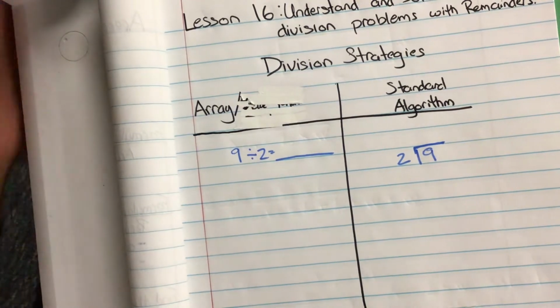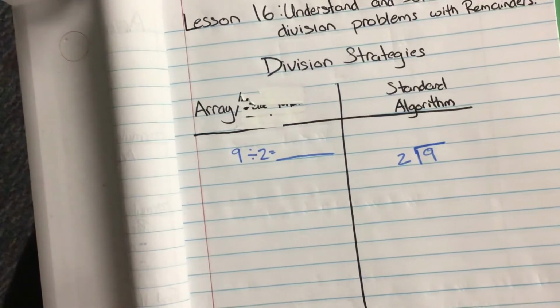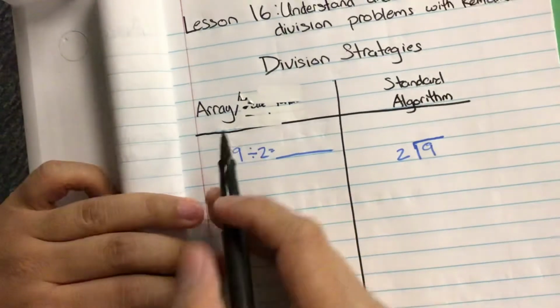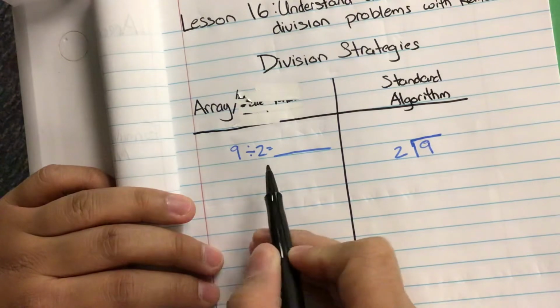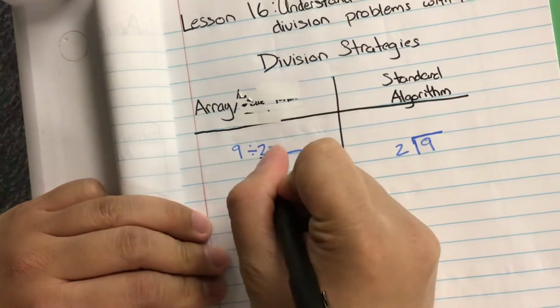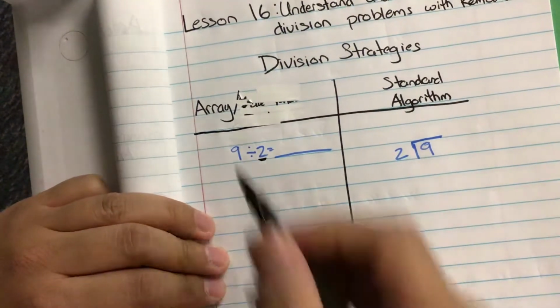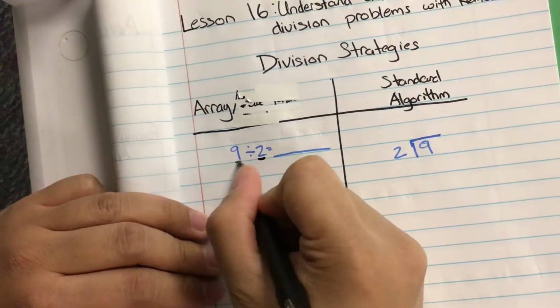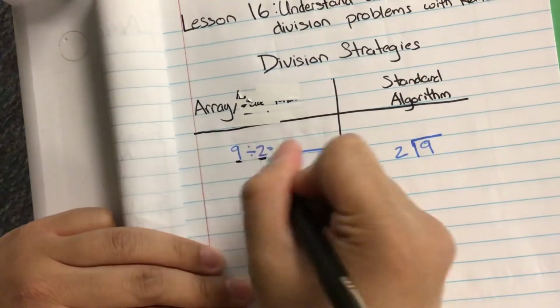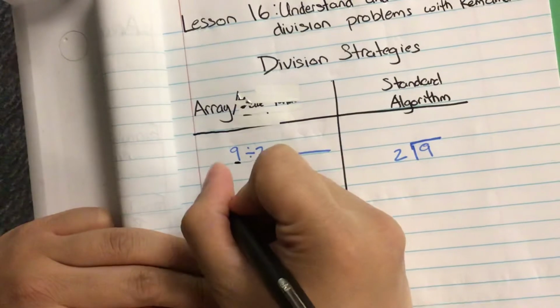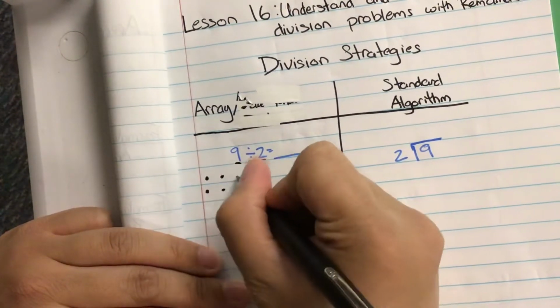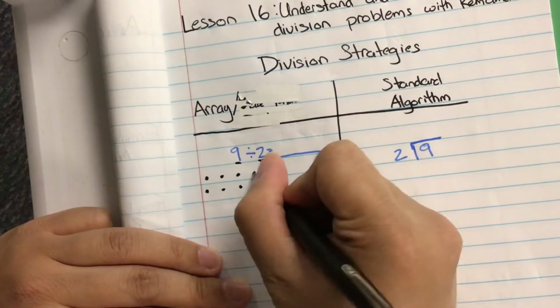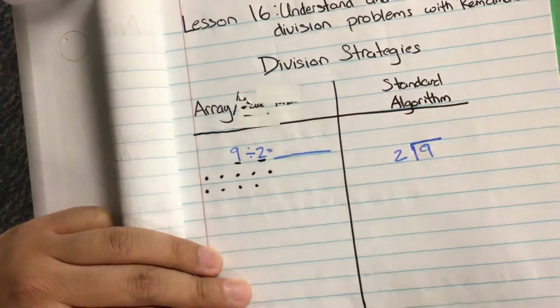So let's get started. The first division strategy we learned yesterday was looking at an array. If we have our division problem of 9 divided by 2, we know that we want to make groups of 2 from a total of 9 items. So, since we want to make groups of 2, we're just going to go down the line 1, 2, 3, 4, 5, 6, 7, 8, 9.